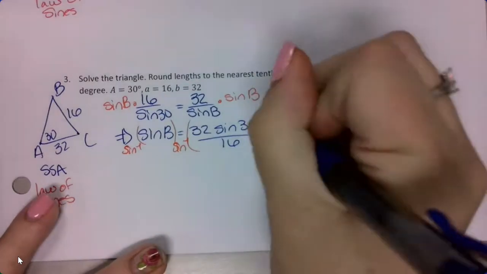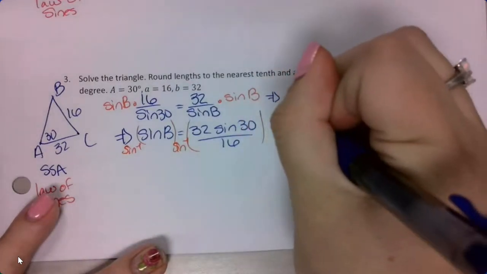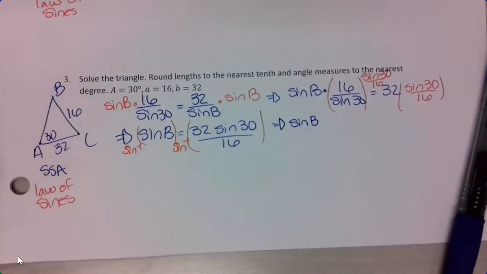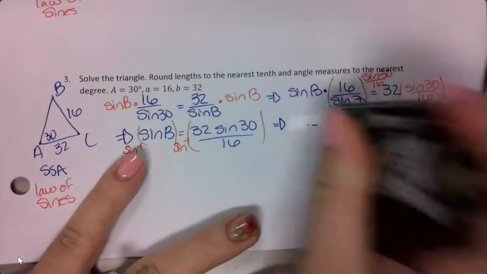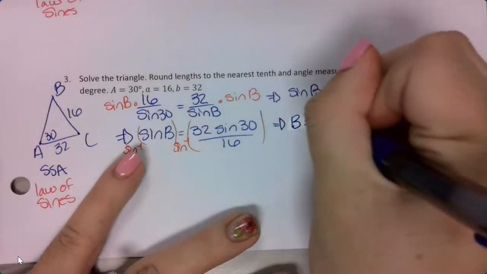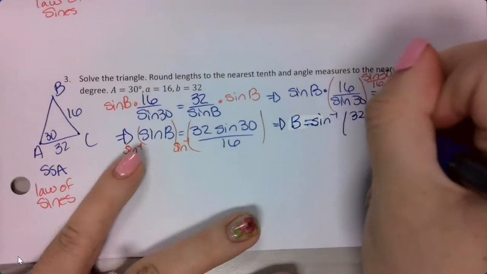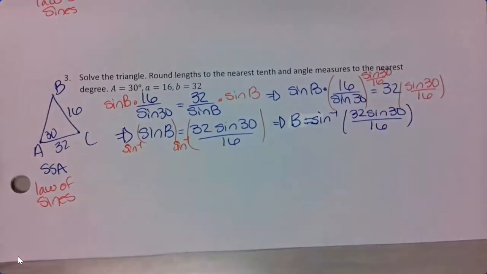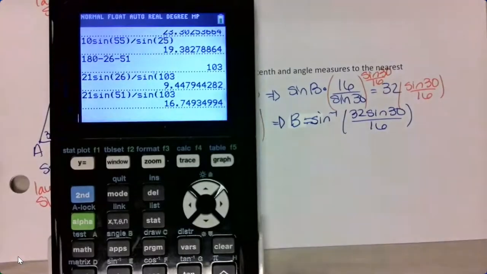So if I rewrite this, oops, I don't have the sine in front of the B anymore. So I'm going to go ahead and type this into the calculator.